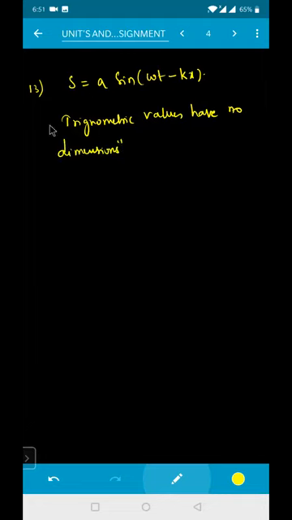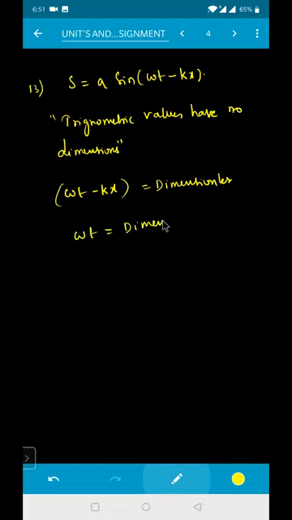Trigonometric values have no dimension. That means omega t minus k into x is dimensionless, because sine is a trigonometric value, so it is a dimensionless quantity. That means omega t is dimensionless.